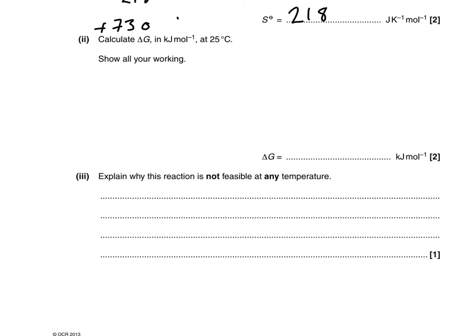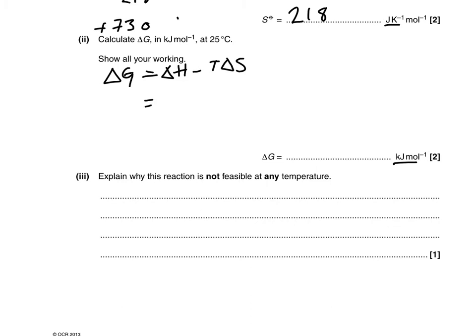Okay, right, so you're now being asked to calculate Gibbs free energy, which is this. Now, common mistake here is to forget that our entropy is in joules per Kelvin per mole, and our Gibbs is in kilojoules per mole.